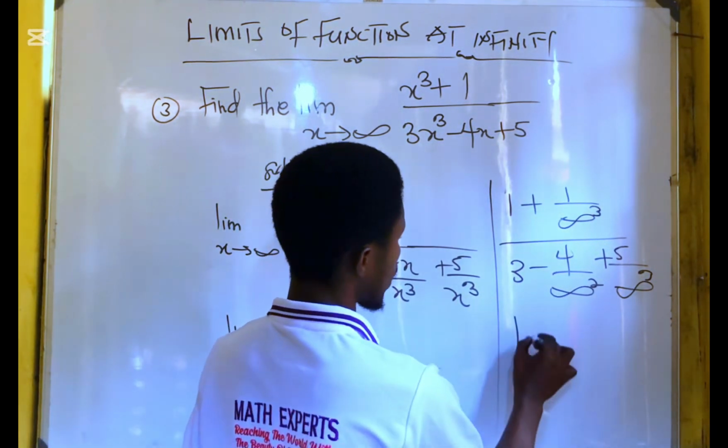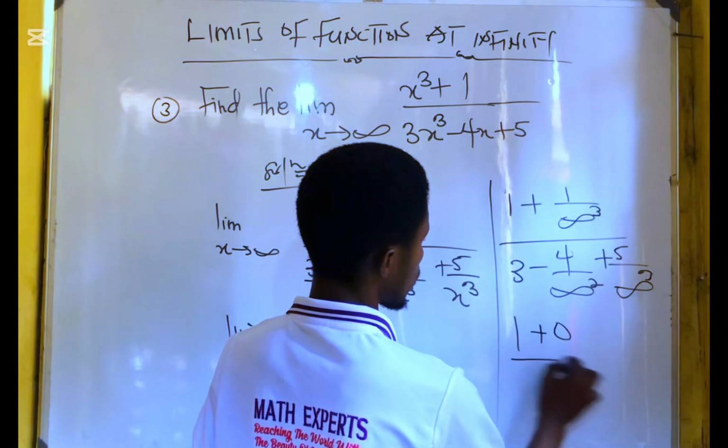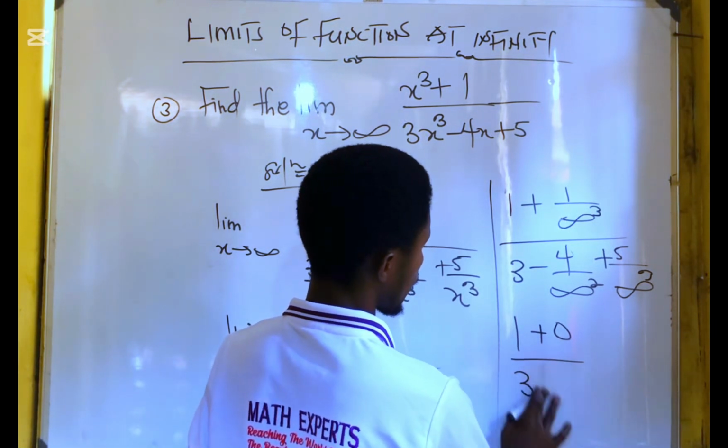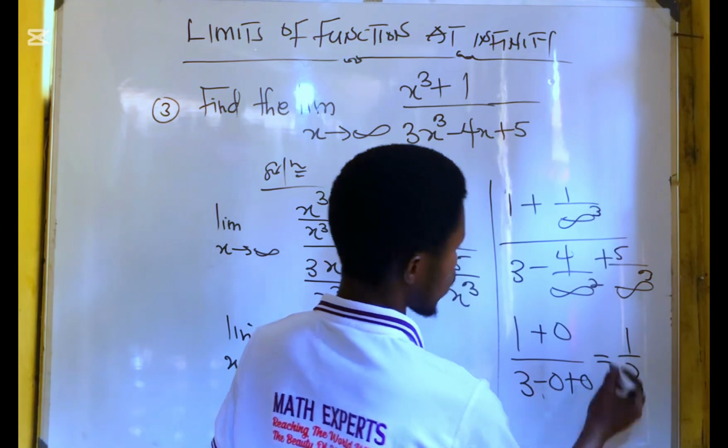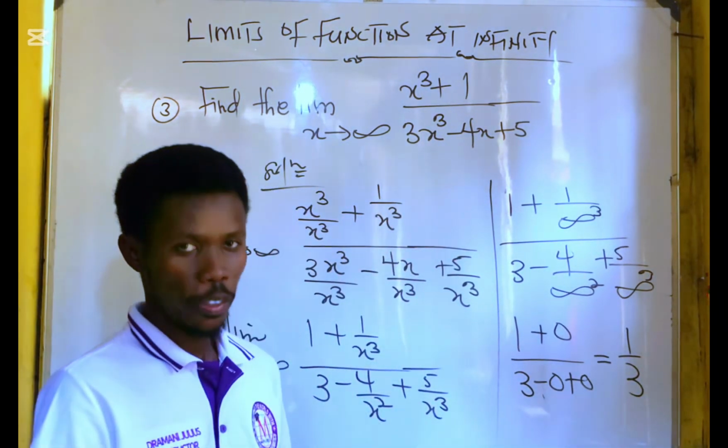So that gives you 1 plus 0, all divided by 3 minus 0 plus 0. And that gives us 1 over 3. Is that okay? Very good.